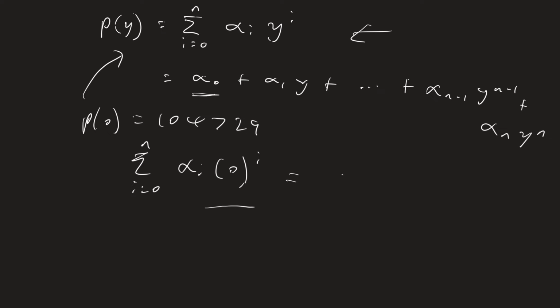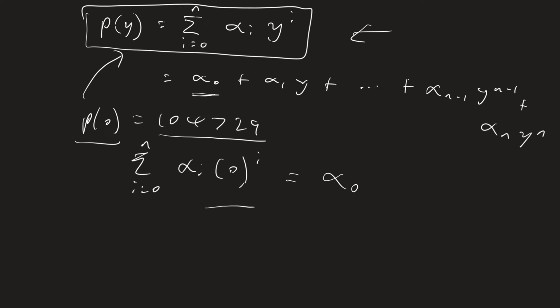So therefore that's going to be equal to alpha 0. And so P of 0 equals 104,729 means that alpha 0 equals 104,729. So therefore P of y is equal to this expression here, together with the additional constraint that alpha 0 equals 104,729.